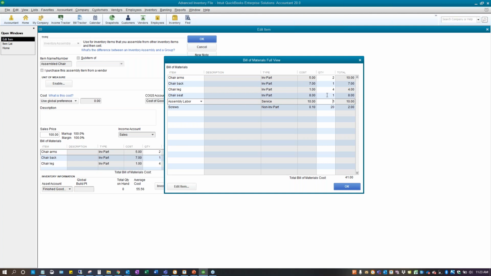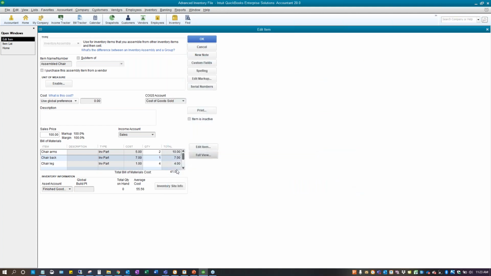Because I have these items set up, I have a cost associated with these items. This is going to be the cost. Now keep in mind, this is just my soft cost. These costs will come out of inventory at their average cost. Notice that I was playing around because I wanted to show you guys that there is a distinct difference.